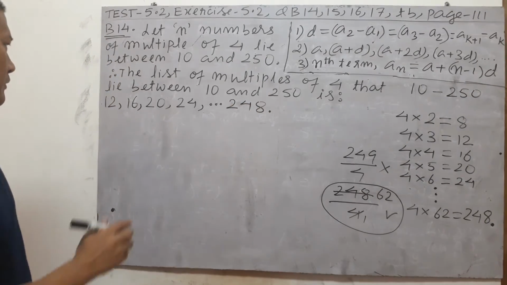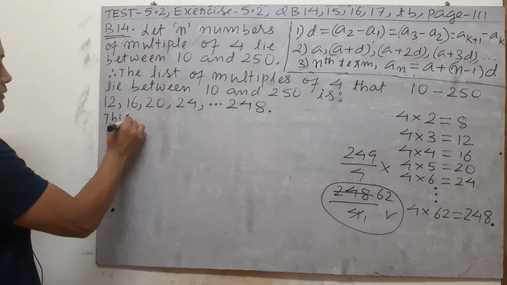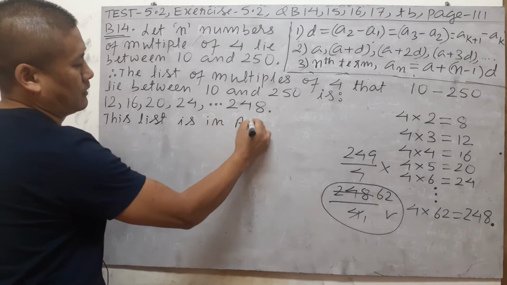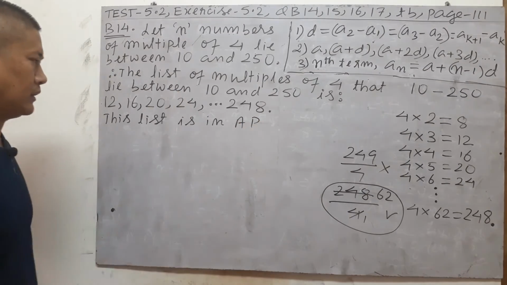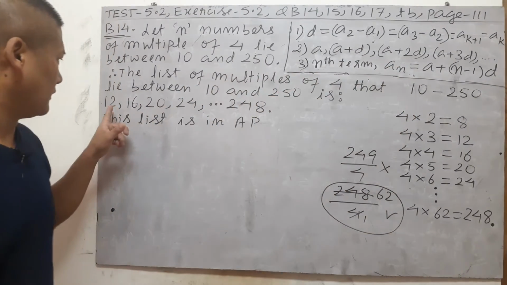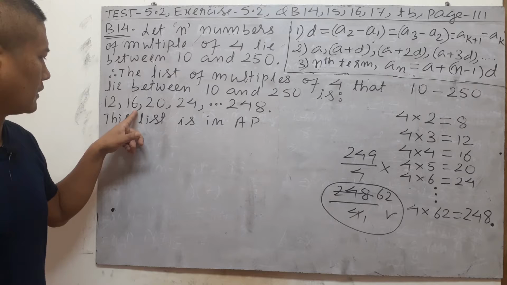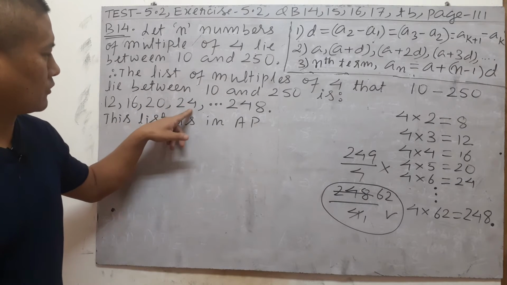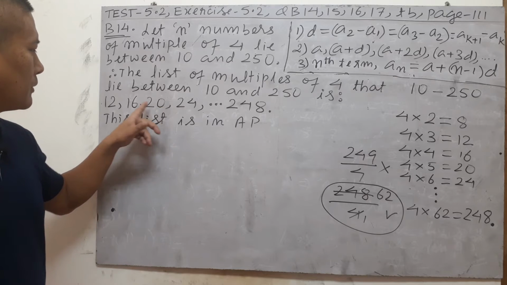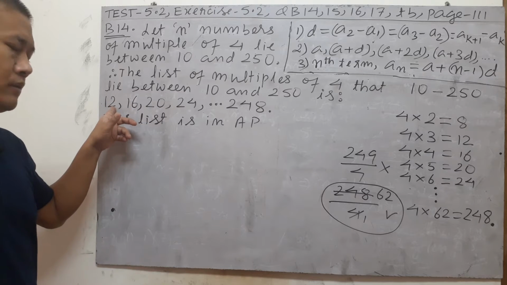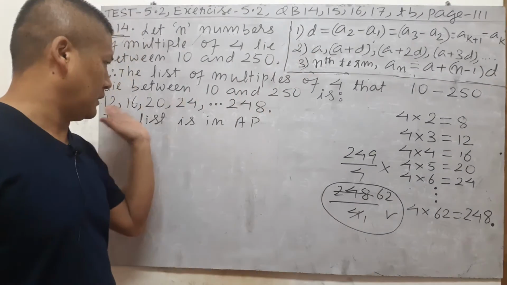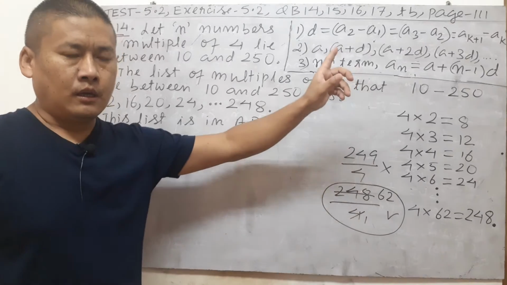It's not hard, right? So this list that we have here is in AP. How? You see here, all the multiples of 4 between 10 to 250 are: 12 plus 4, 16; 16 plus 4, 20; 20 plus 4, 24. Or 24 minus 20, 4; 20 minus 16, 4; 16 minus 12, 4. So there is equal gap, or in other words, this list of multiples of 4 has a common difference.